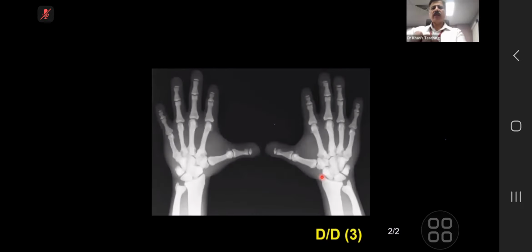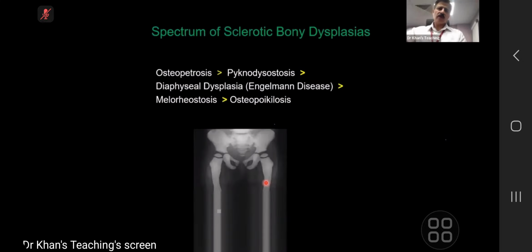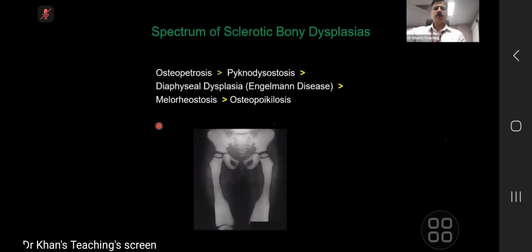And another finding is bone sclerosis. So in pycnodysostosis, the bone density will be increased. This concept is extremely important for you to remember.